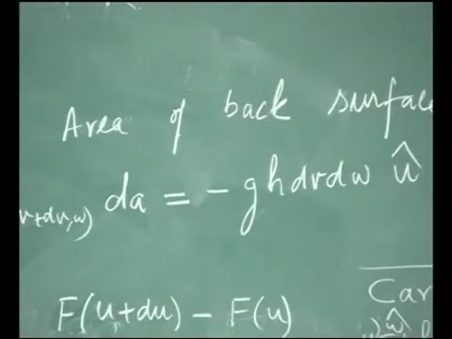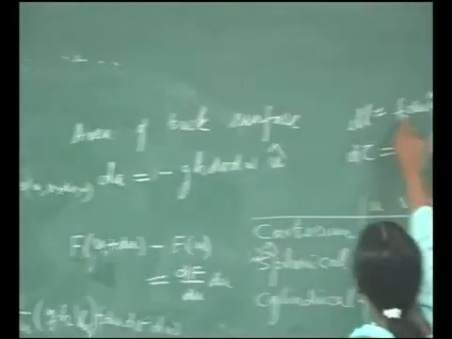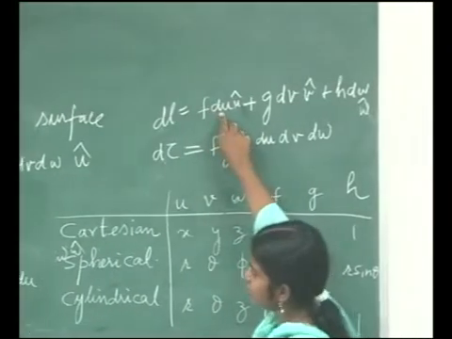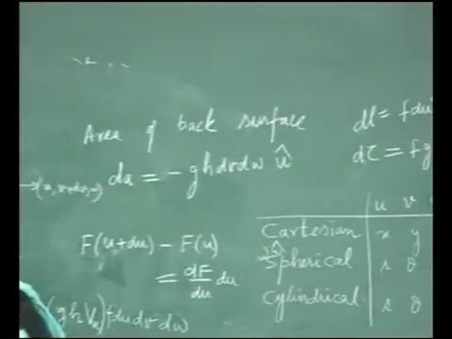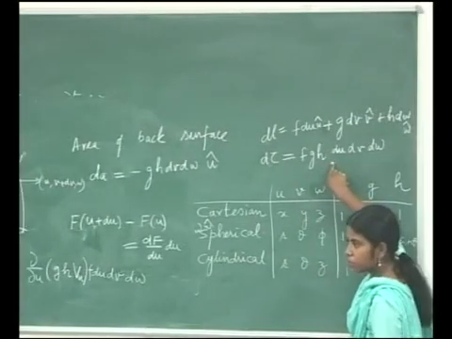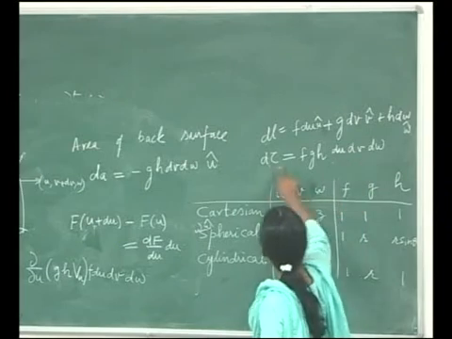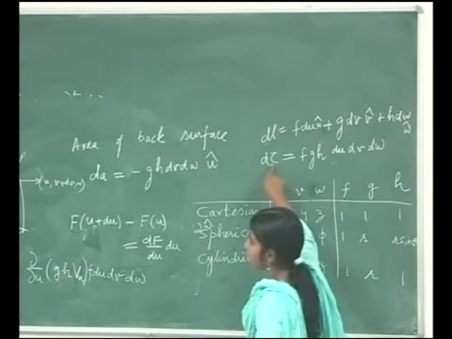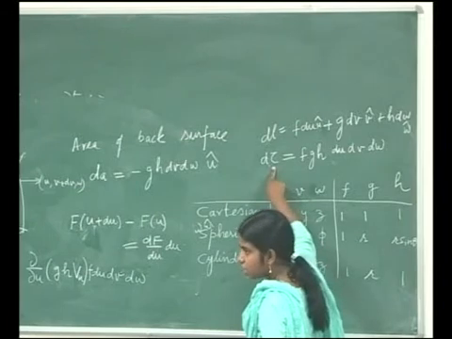Okay, this is the volume. These are the sides F du, G dV, H dW. So what is the volume? Volume is this small volume. So from here I can say that du dV dW is equal to 1 by FGH d tau.